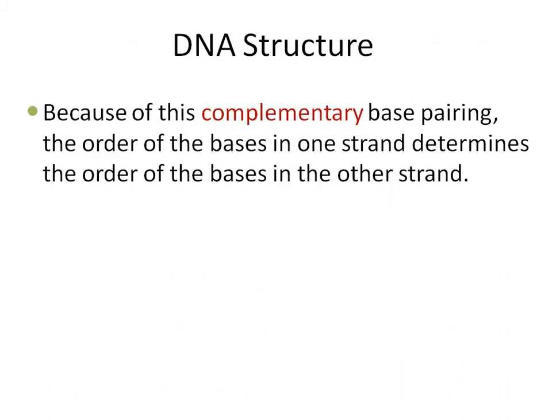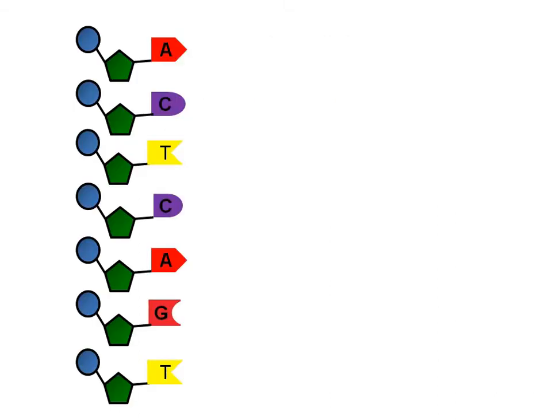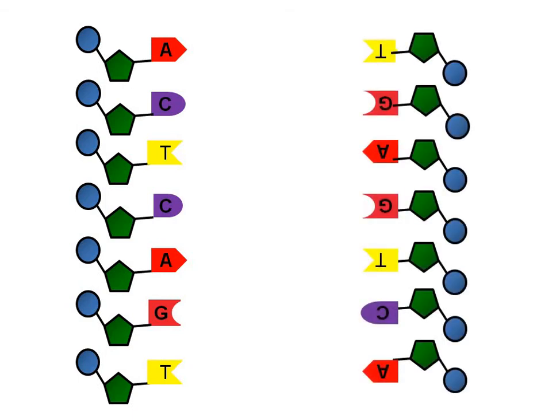Now, because of this complementary base pairing, the order of bases in one strand determines the order of bases in the other strand. Here there is one strand of a DNA molecule, and this is another strand of the DNA molecule.